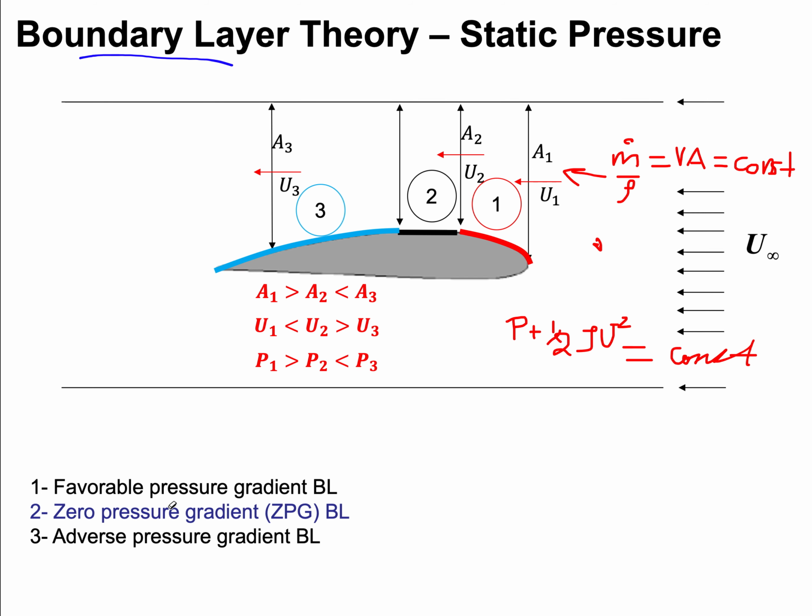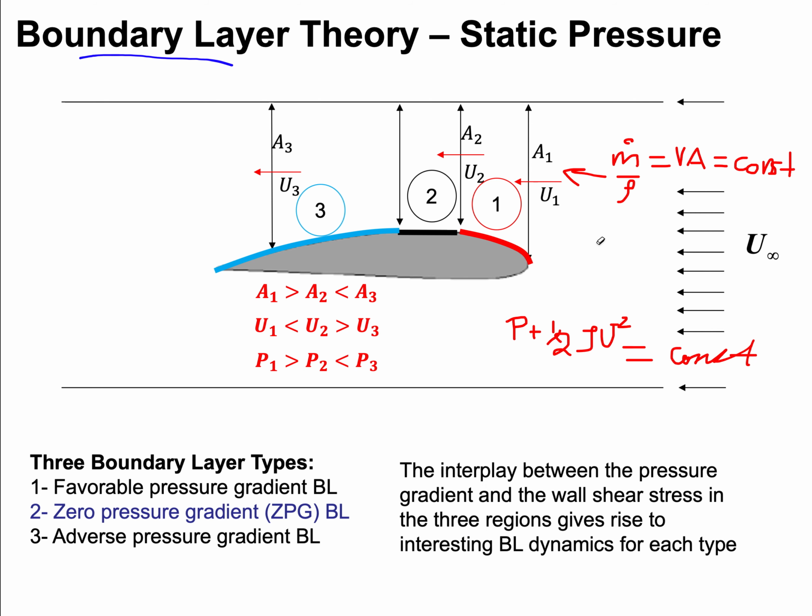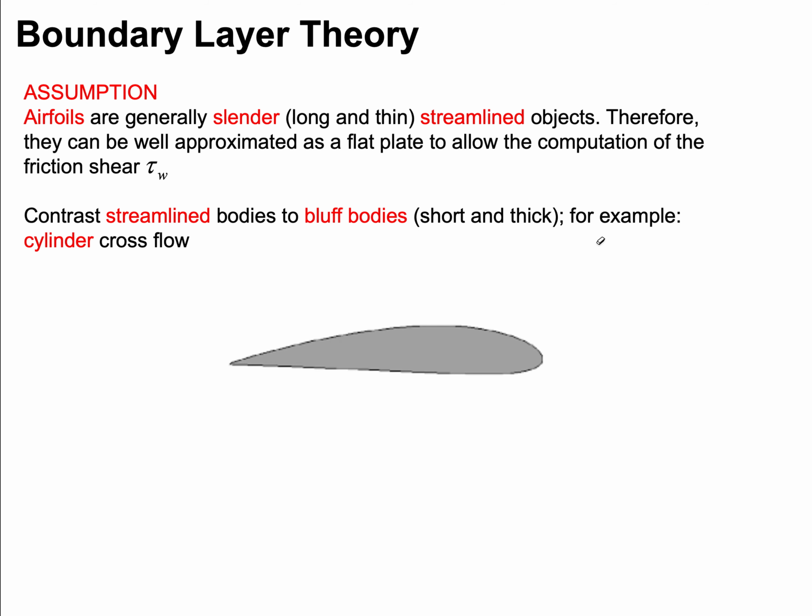So these are three different fields of study for people in the field. For us, the pressure gradient will affect the boundary layer in very important ways, and particularly it affects how the shear stress acts and how the flow acts in the boundary layer itself.